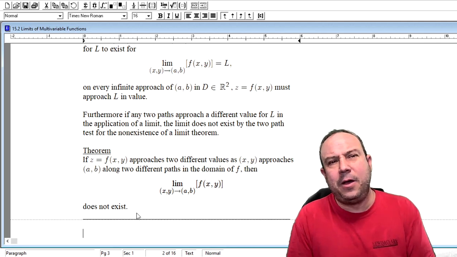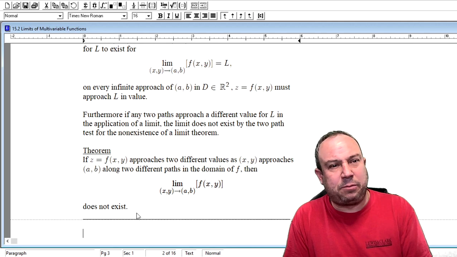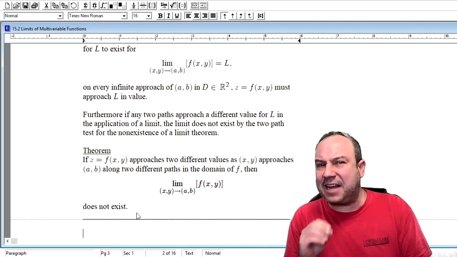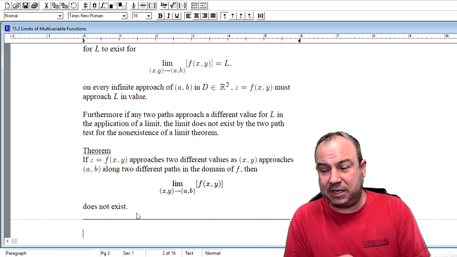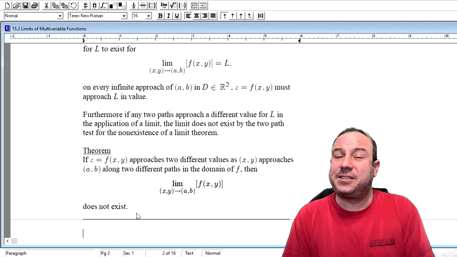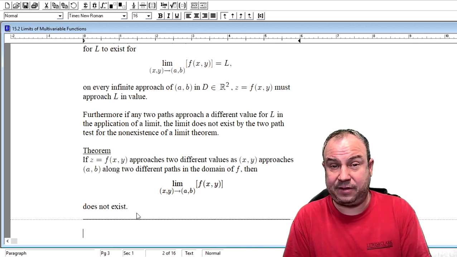Whereas this does also throw some complexity into actually finding the exact value of a limit in multidimensional space, as there are actually an infinite number of paths for our approach.